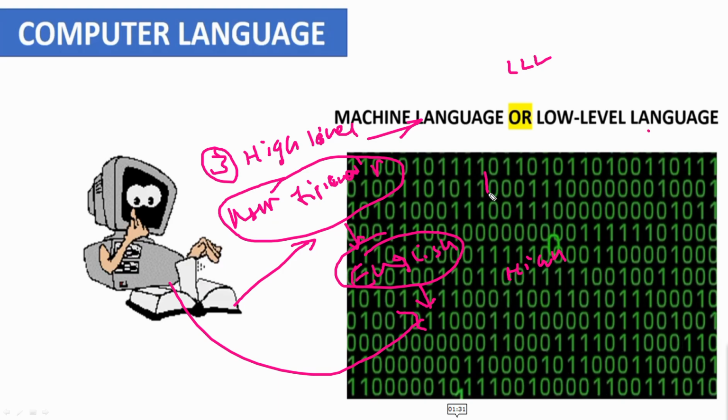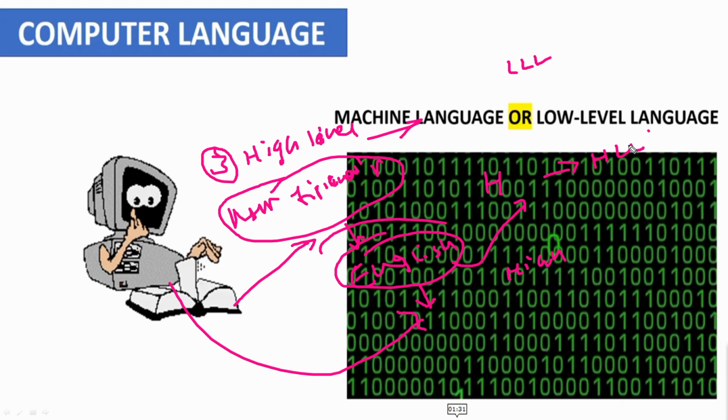The reason is it is English related language, and it is very easy to write a program and very easy to give instructions to the computer under high level languages. Presently, in all our computers we are using high level languages only. Where both users and computers can understand, we call it high level language, that is HLL.